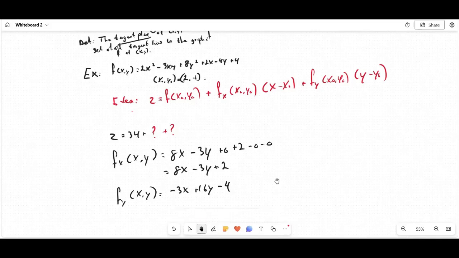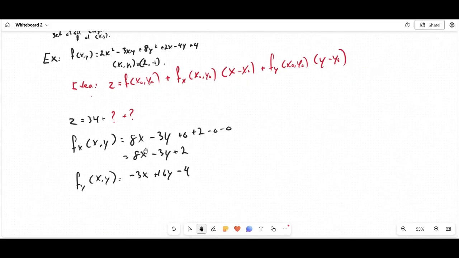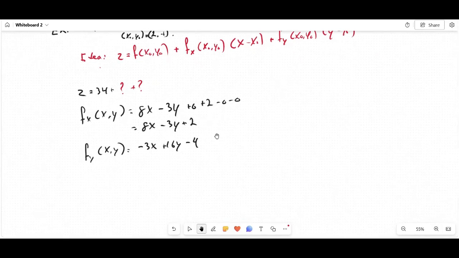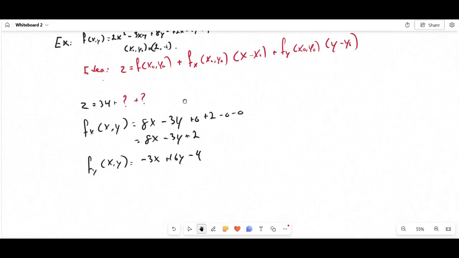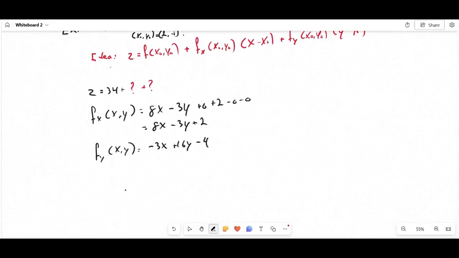Okay, that's kind of an aside, right? It's nice that we found those derivatives, but that's not really what we want. We've been given a specific point, and at that point, there are some specific slopes. So this is going to come about by plugging 2, -1 into these functions.